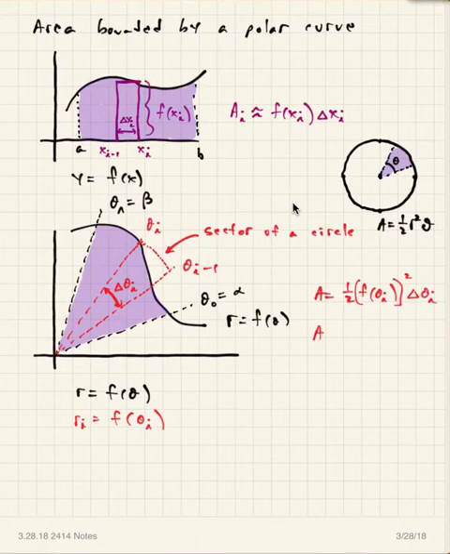Or we could abbreviate that as 1/2 times r sub i squared delta theta sub i. And that would be the approximate area of the ith sector.